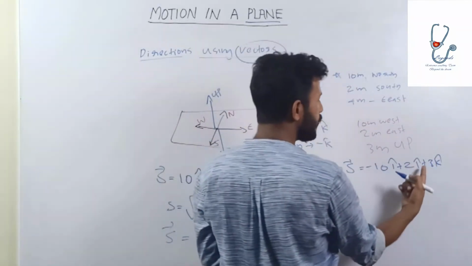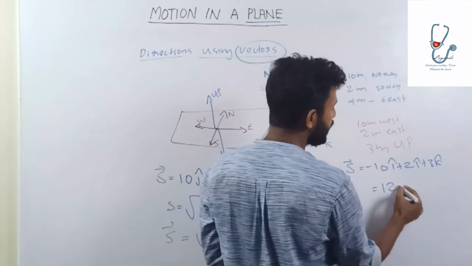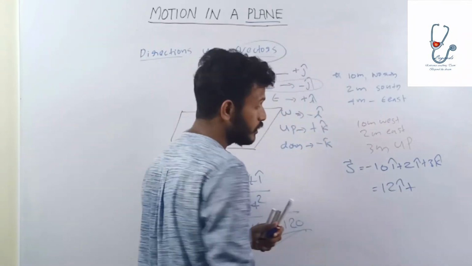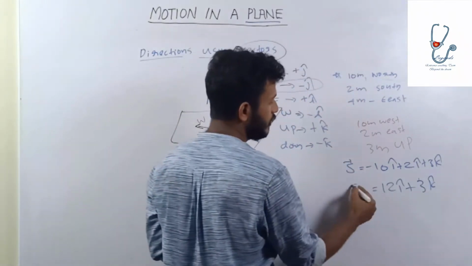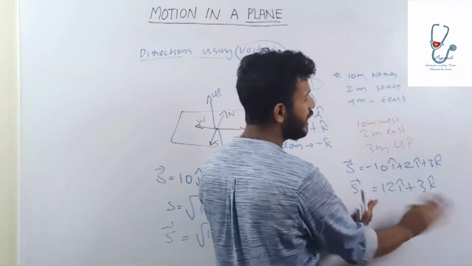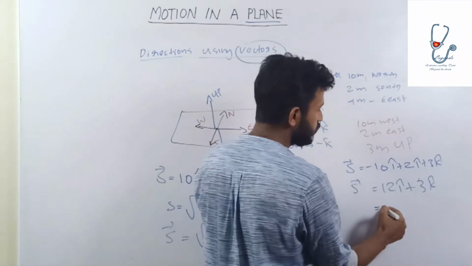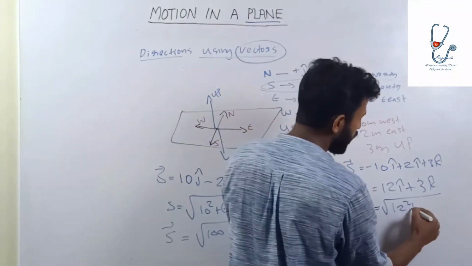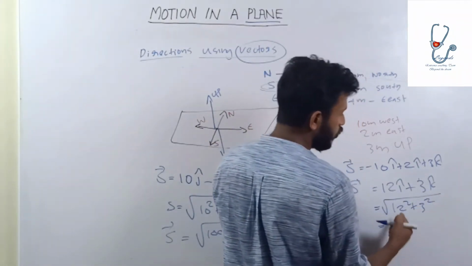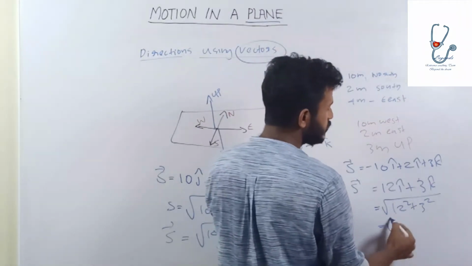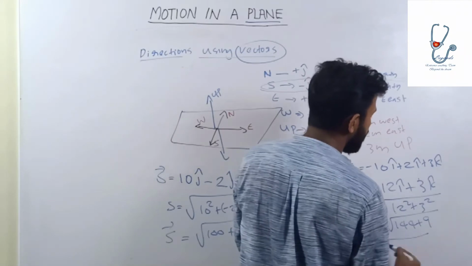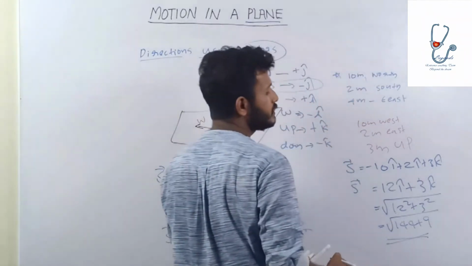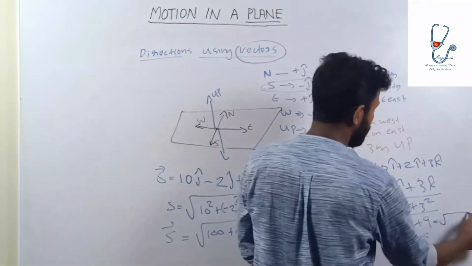Minus 10 i cap plus 2 i cap is minus 8 i cap, plus 3 k cap. Ready? Here there is no j vector. So the answer is root of 12 square plus 3 square. 12 square is 144 plus 9, root 153.